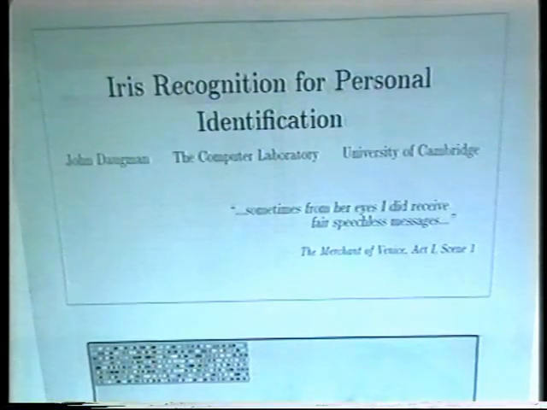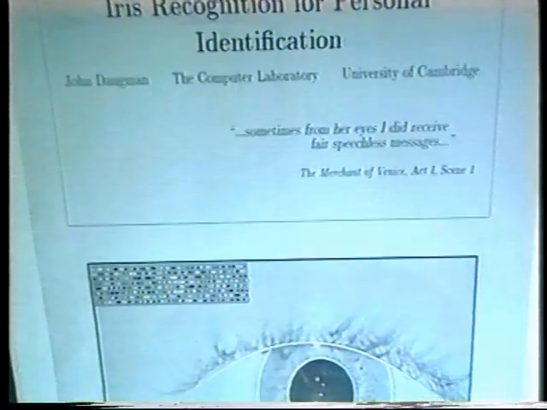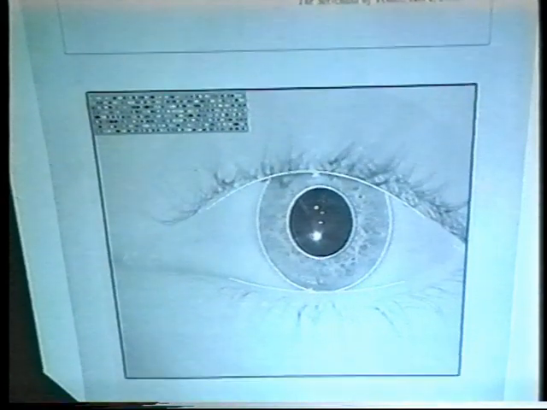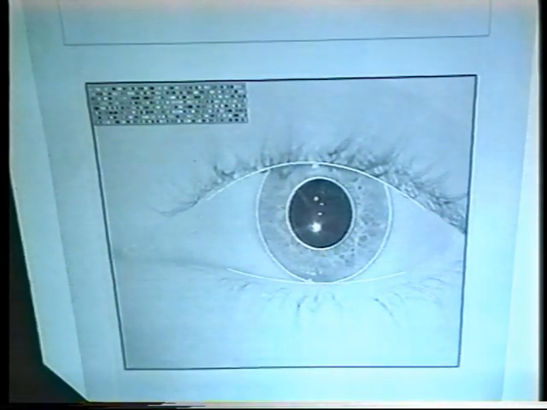The premise is that the structure you see here in the iris of the eye is a random pattern of sufficiently high dimensionality, stochasticity, and complexity that it will be unique to each eye and therefore can serve as a kind of fingerprint that is externally visible, that can be acquired from some distance.